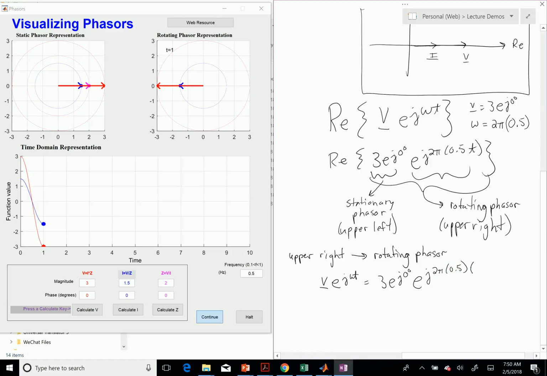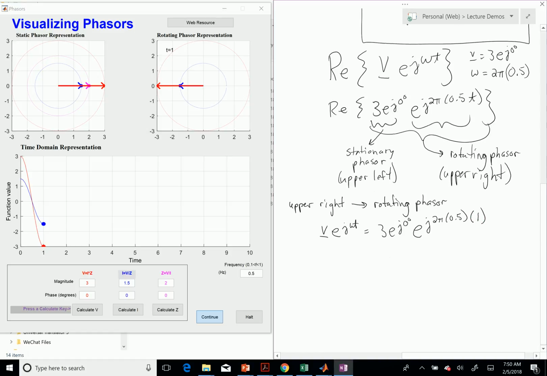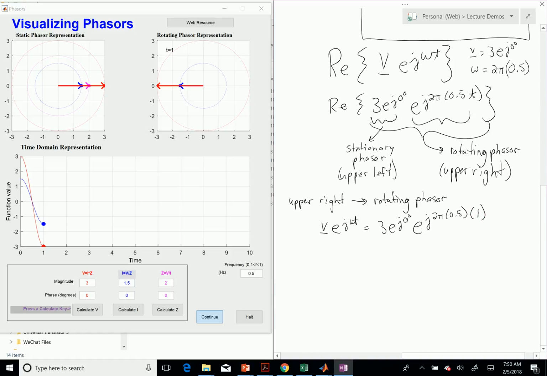Now in this particular case, since I evaluated at time t equal to 1 second, I put in the 1. Okay. So what does that equal to? So the way I evaluate that, right, as I say, it's 3 e to the j. If you go through and combine these things, it's actually not hard to see that this is 3 e to the j pi. And if I expand that guy out in terms of the Euler identity, 3 cosine pi plus j sine pi, like that, it becomes -3.